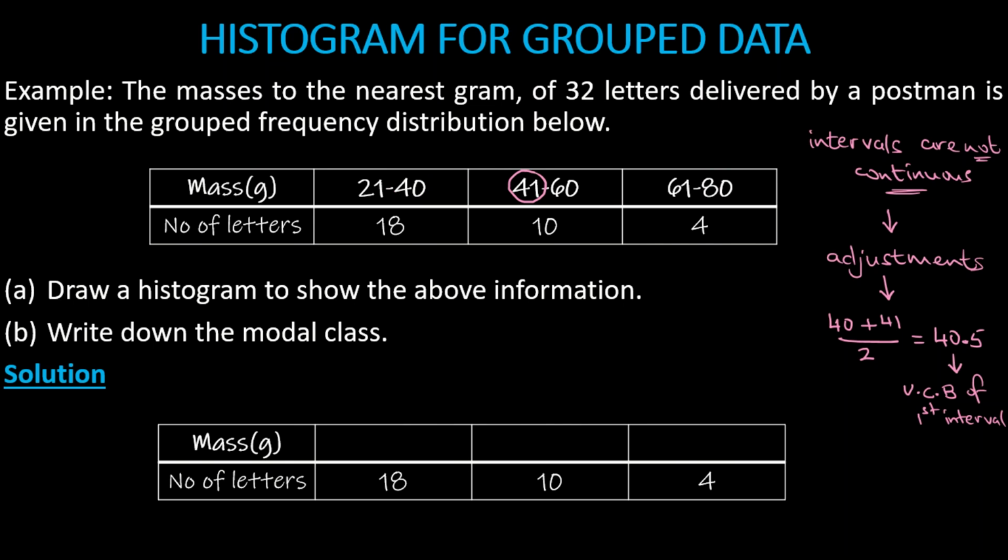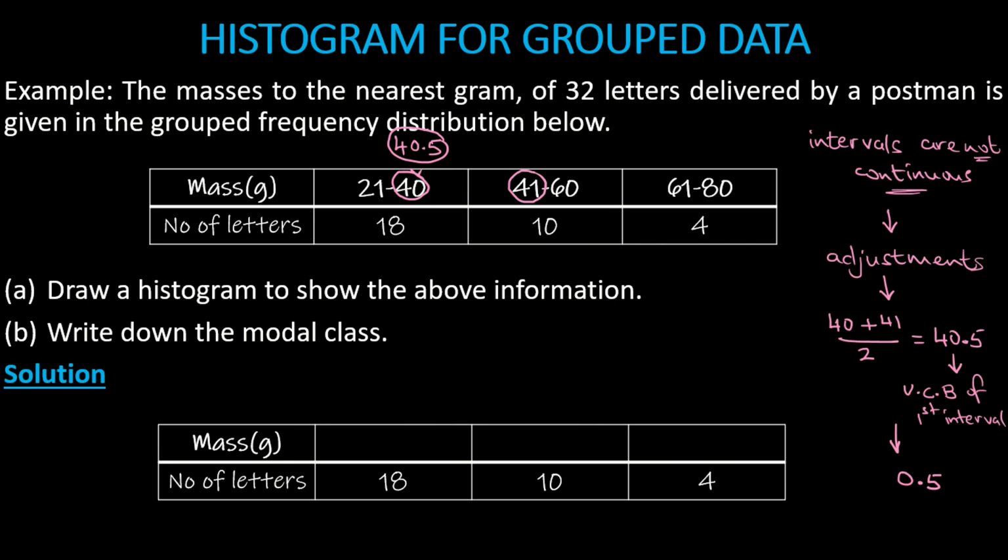Right? So the first interval will end with not 40 but 40.5. The old upper class boundary was 40. Now it has to be adjusted to 40.5, meaning the adjustment will be an adjustment of 0.5.